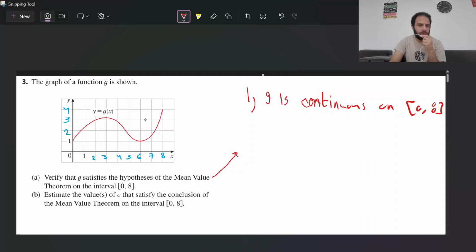Is this function continuous? Yes, it's continuous. You don't have an open circle, or a jump discontinuity like this, for example. You don't have these things, like a vertical asymptote. You don't have any problem. So it's continuous, right? Now, part 2, is it differentiable?